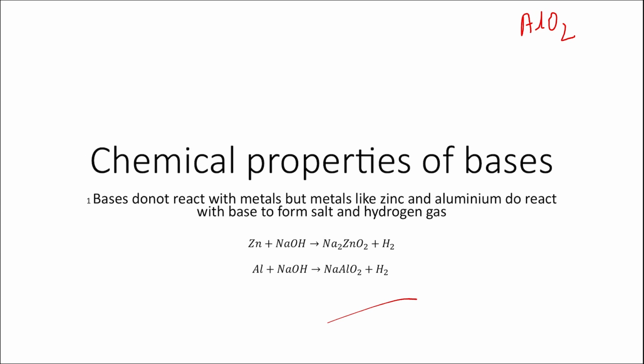Zincate ion has a valency minus 2, whereas aluminate ion has a valency minus 1. Again, since sodium ion has valency plus 1, the positive and the negative valencies would get cancelled out and the salt will have formula NaAlO2, that is sodium aluminate. So these are the only two metals that react with bases like NaOH, and in both the cases the end product is salt plus hydrogen gas.